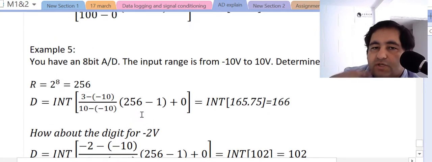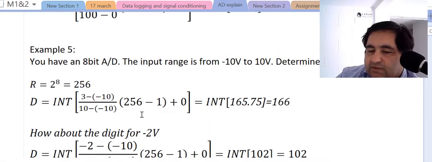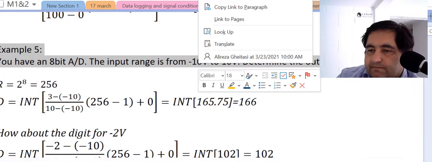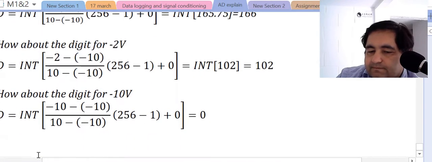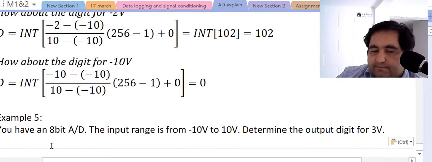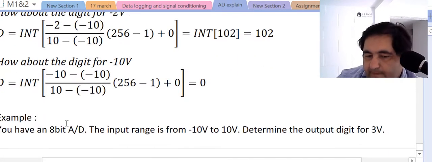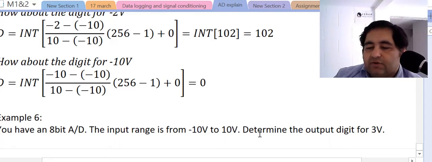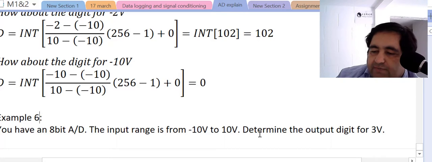Now I wanted to turn the question around and ask it in a different way to see how it works. So example 6. Okay, you have an 8-bit A to D converter, obviously. The input range is from minus 10 volt to plus 10 volt. Now I don't say determine the output digit for 3 volt.